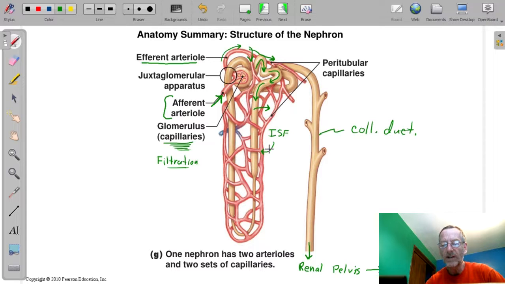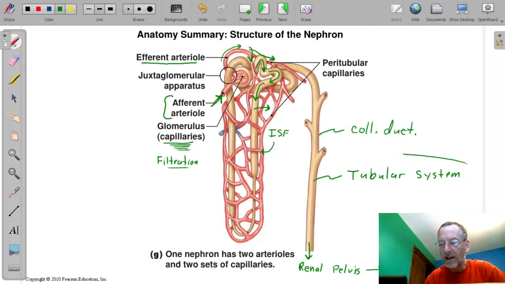So keep in mind that there are two sets of vessels. So there's this tubular system in sort of a gold tan color, including the Bowman's capsule, the proximal convoluted tubule, the loop of Henle, distal, and then the collecting duct. So that's all part of this tubular system.